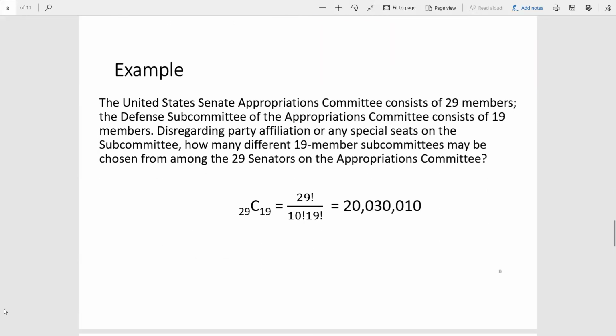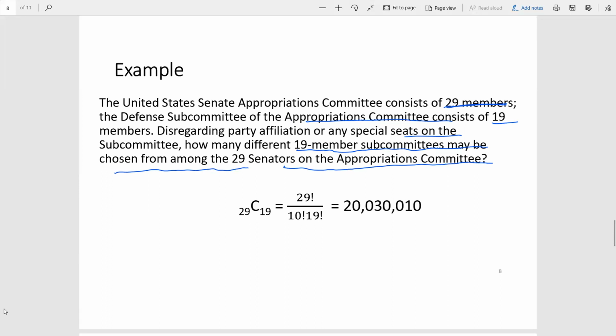The United States Senate Appropriations Committee consists of 29 members. And the Defense Subcommittee of the Appropriations Committee consists of 19 members. Disregarding party affiliation or any special seats on the subcommittee, how many different 19-member subcommittees may be chosen from among the 29 senators on the Appropriations Committee?